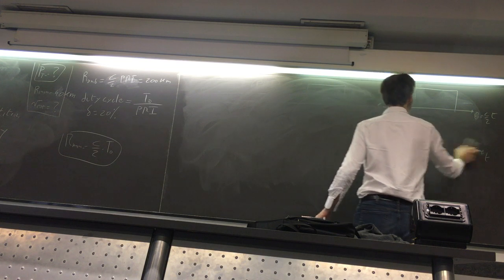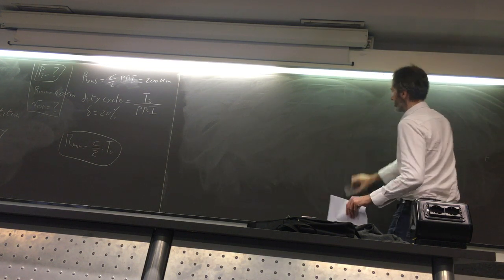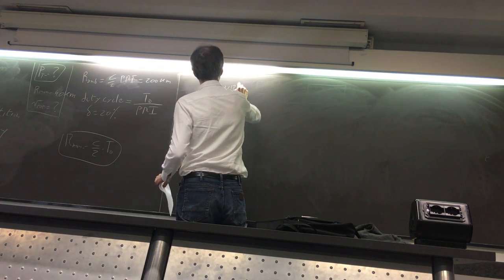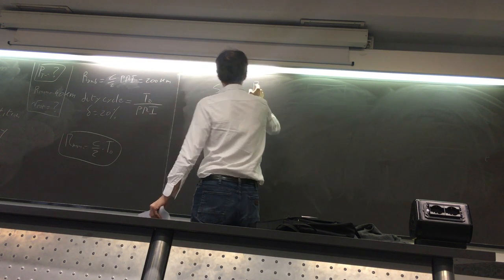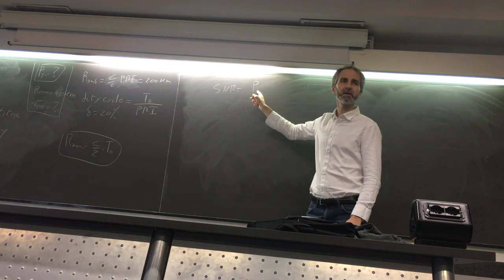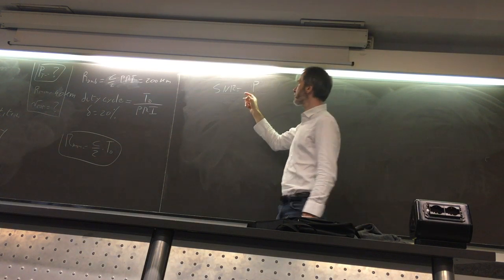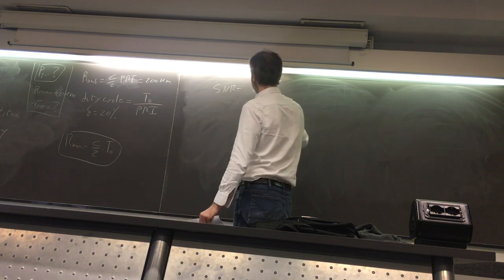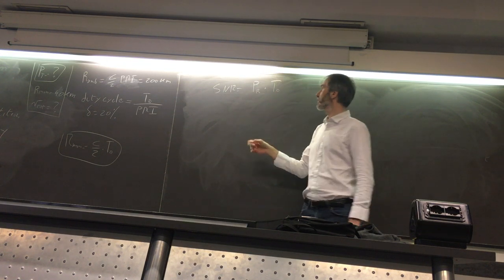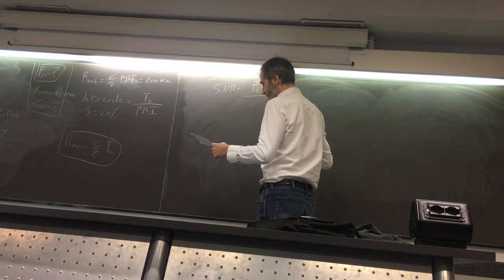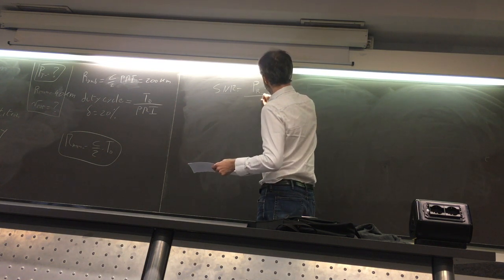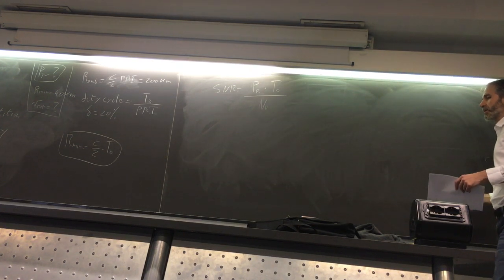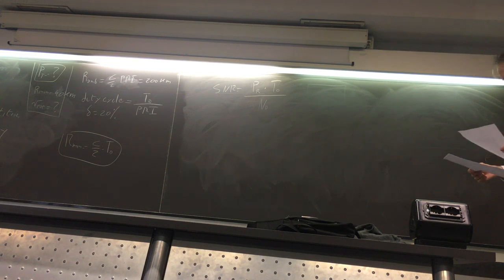Which are the equations we need to compute this signal to noise ratio? The signal to noise ratio is something we saw last time we met. It is the received power times the length of your pulse divided by N0, the spectral density of the noise.